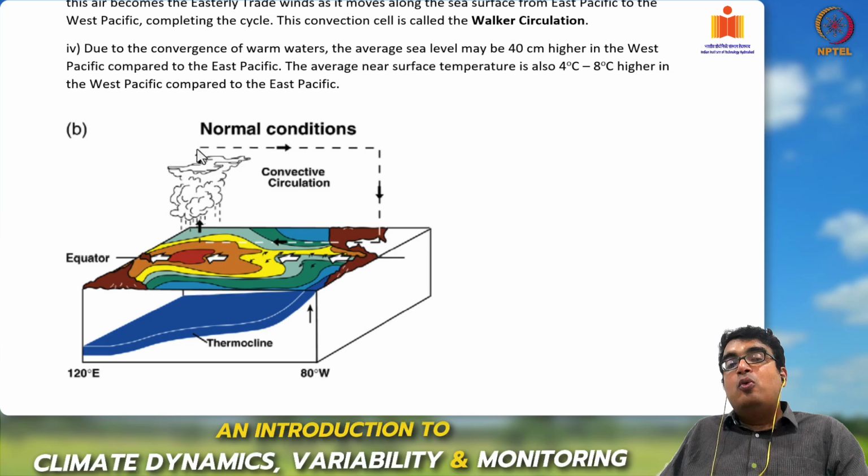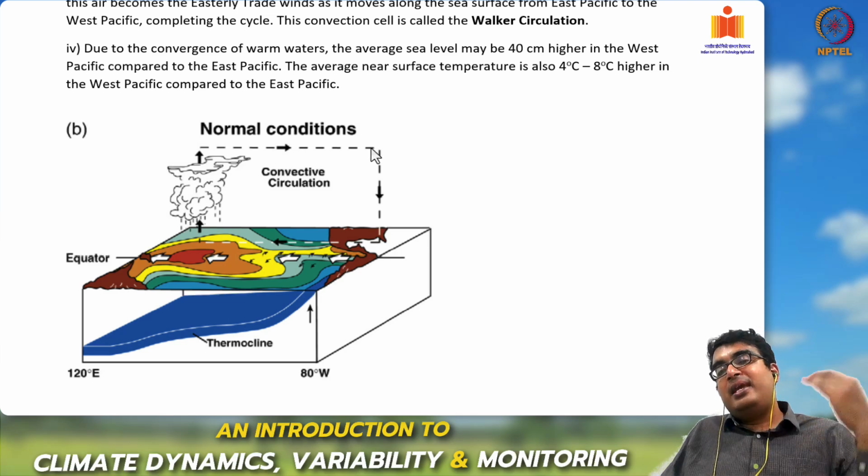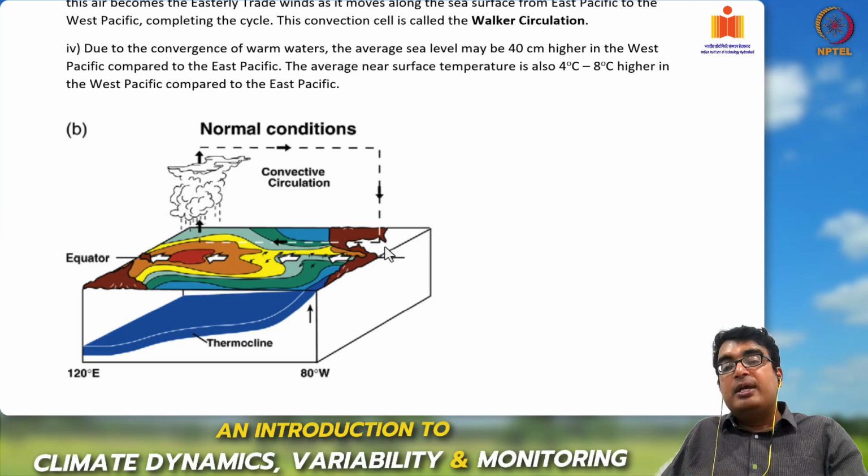And there is a west to east directed air current at the high altitudes and east to west directed trade winds at the low altitudes near the surface. And this is the Walker circulation system.